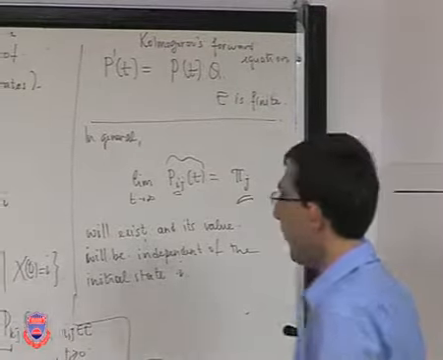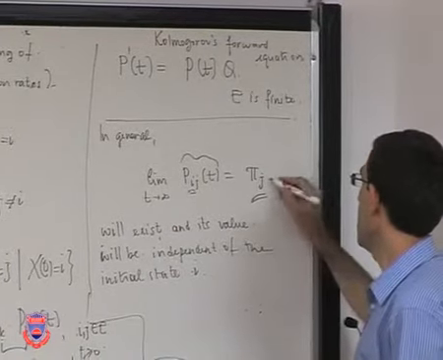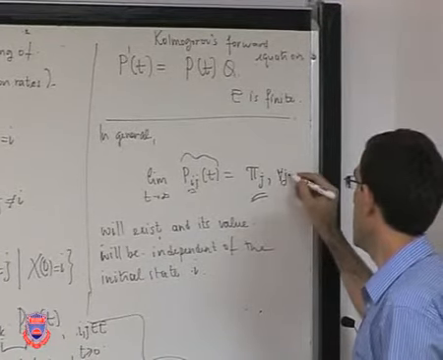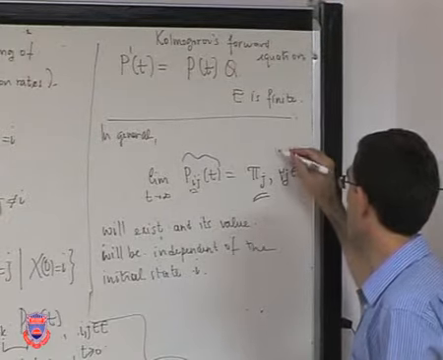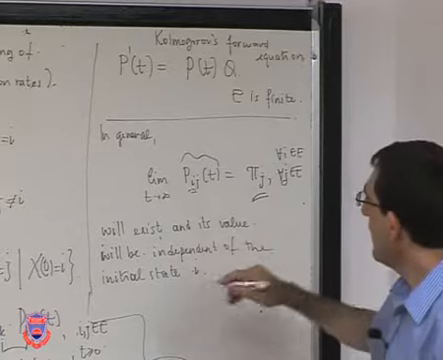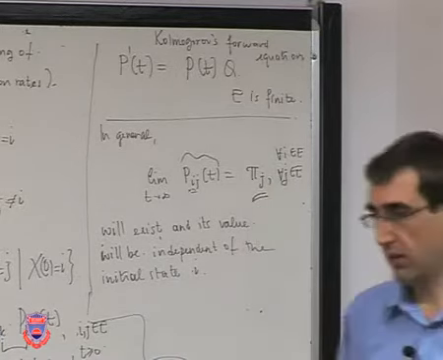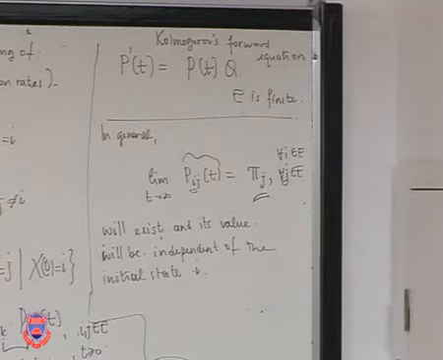Okay? And for the time being, let us assume that these limits exist for every j in the state space, for every i as well, and that it is independent, right? It doesn't depend on the initial state i.